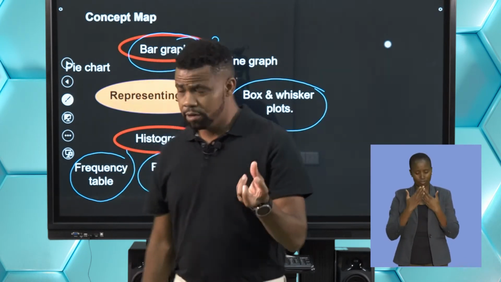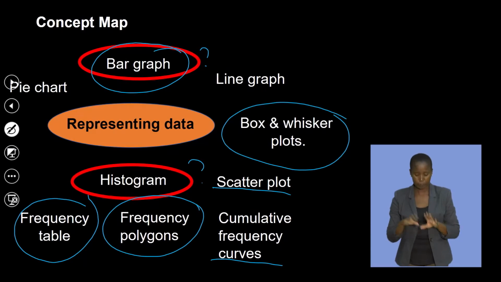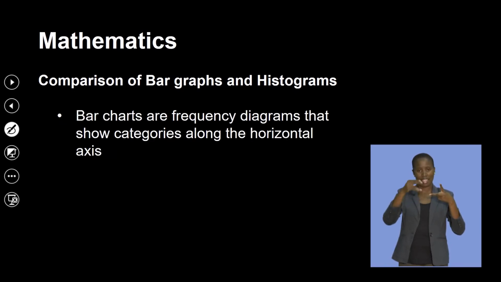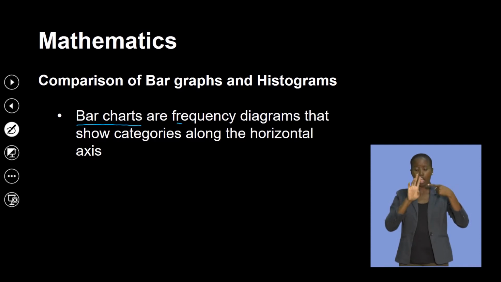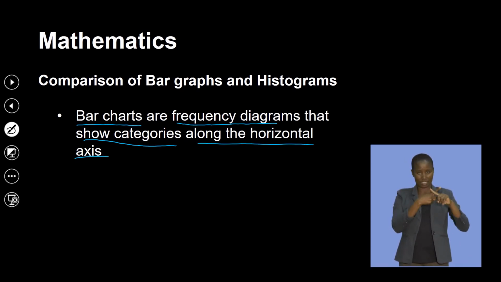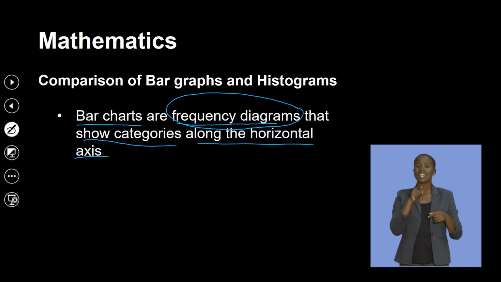Now, let's look again. We said when we come back, we'll look at the bar graph and the histogram. So comparing bar graph and histogram: bar charts are frequency diagrams that show categories along the horizontal axis.